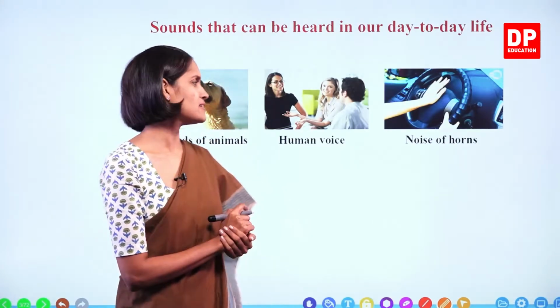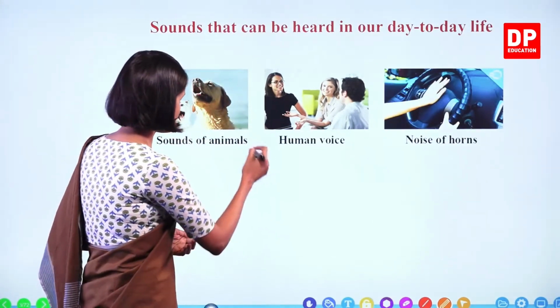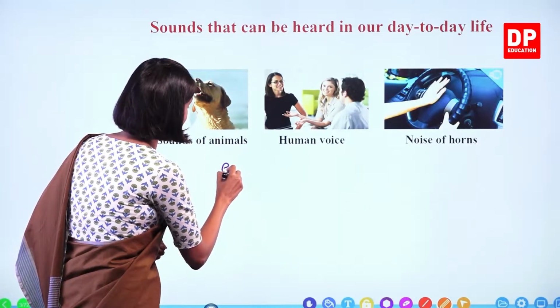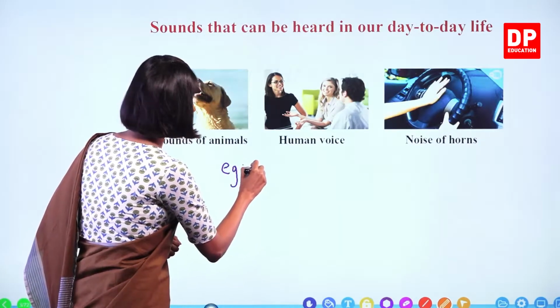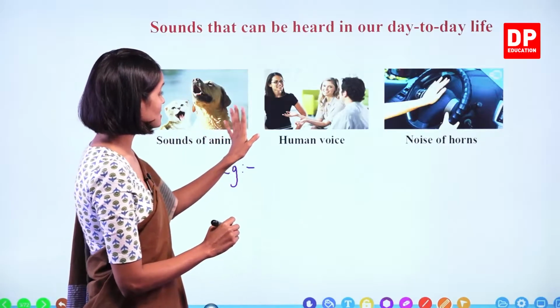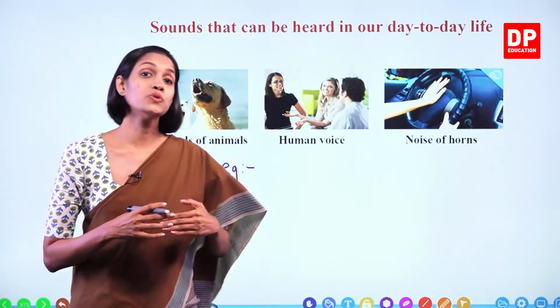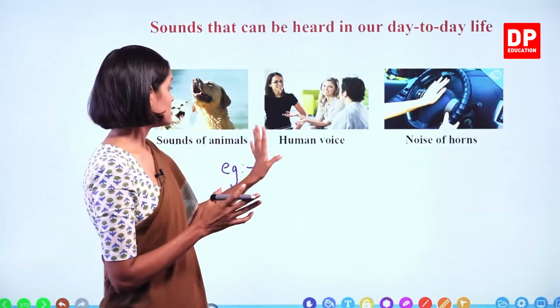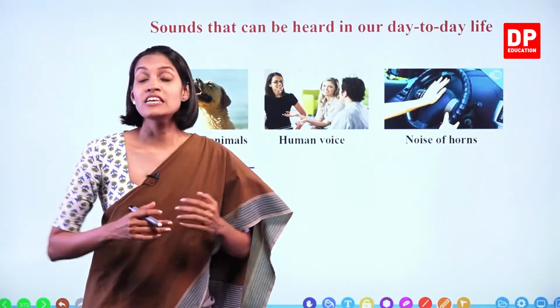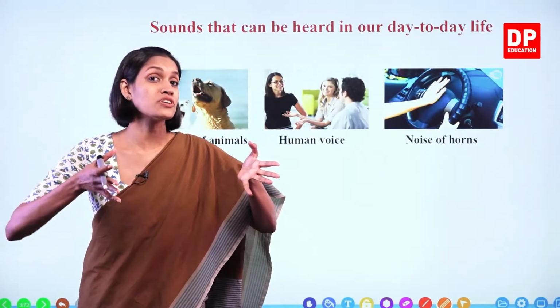Apart from these things, shall we write other examples too, children? You also can write these examples. Let's write some other examples. So sound of animals, human voice. When you go to your garden, you will hear the leaves rustling of the trees. Leaves rustling.